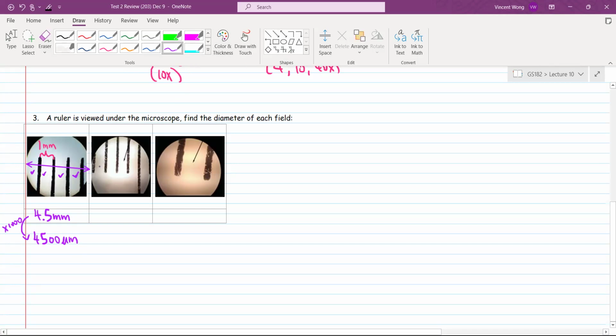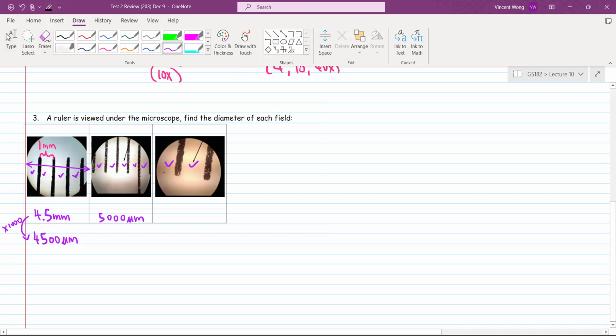So same thing over here. 1, 2, 3, 4, 5. I can see the sixth line here, right? So 5 spaces, which is 5 millimeter times 1,000. That would give you 5,000 micrometer. And finally, over here, we have 1 space, 2 space, and a bit.